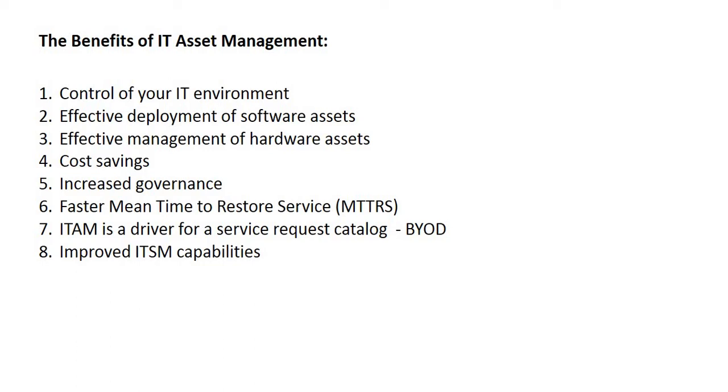Then you have faster mean time to restore, which is called MTTR. That's very important, because anything which happens as a fault, the recovery process should be very quick. You should not be waiting. For example, you would have heard about bitcoins and blockchain systems. Hackers, that is, cyber security attackers, try to grab sensitive core information from your organization or an individual, and demand payment by bitcoins to retrieve it.